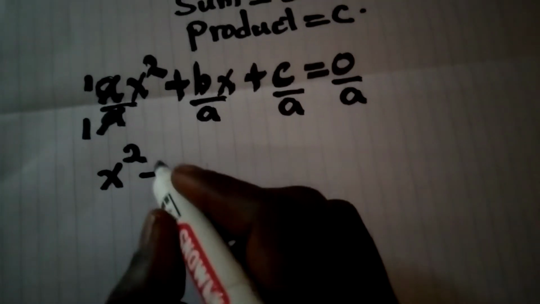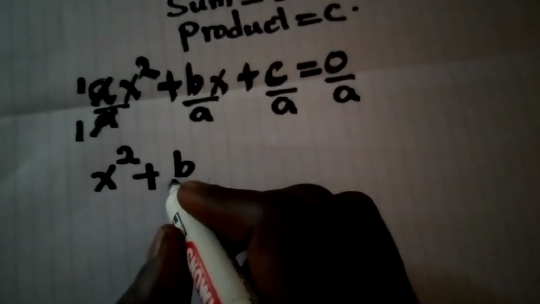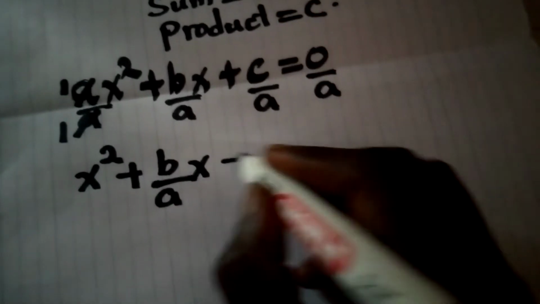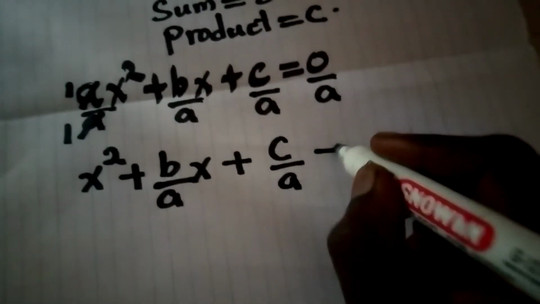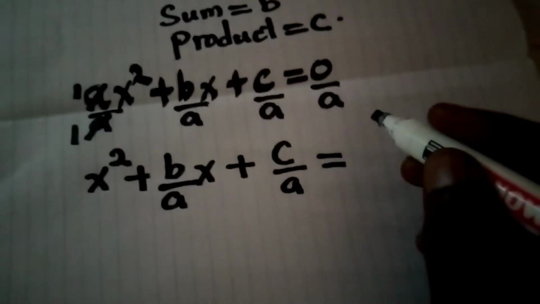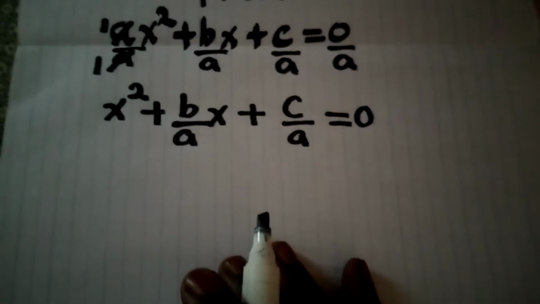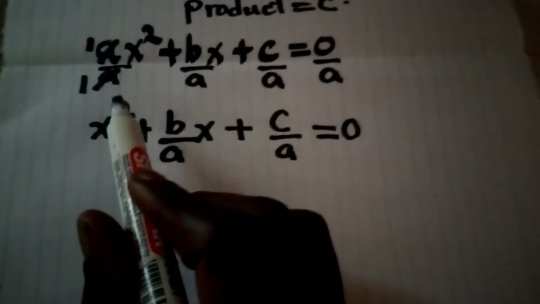Then when we divide, a by a will give us only x squared, plus b out of a, x, plus c all over a is equal to 0, because 0 divided by any number or letter gives 0. So this is the outcome of dividing the whole equation by the coefficient of x squared.